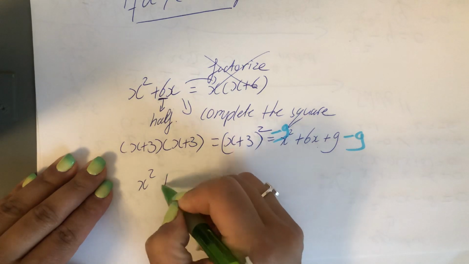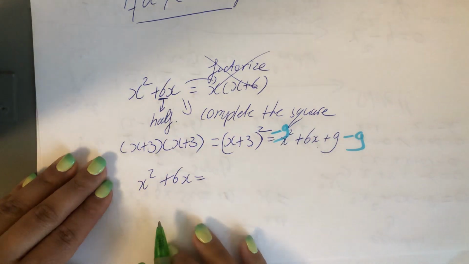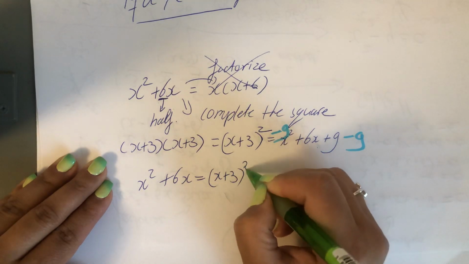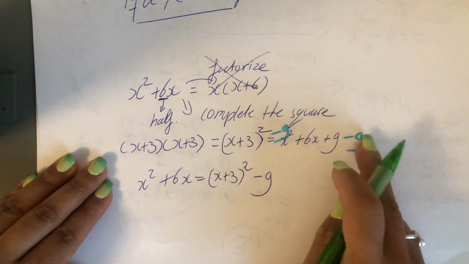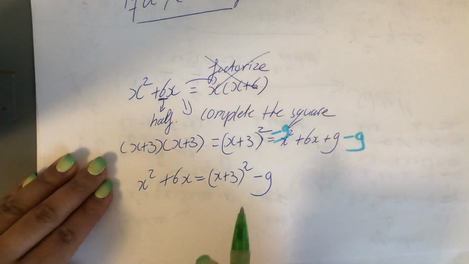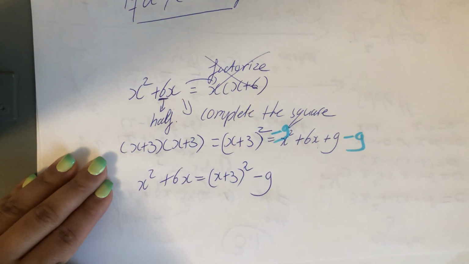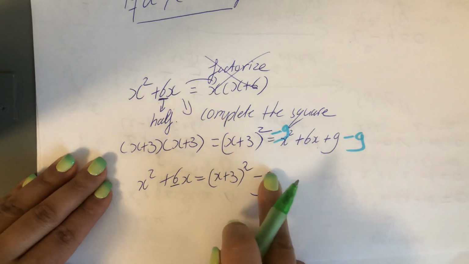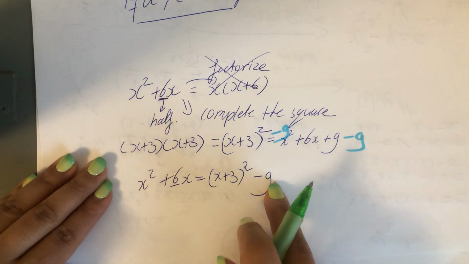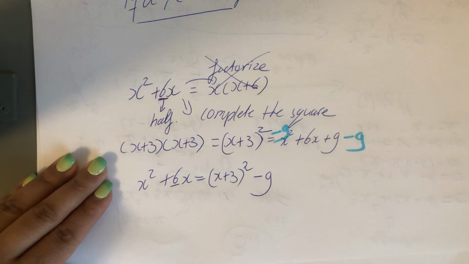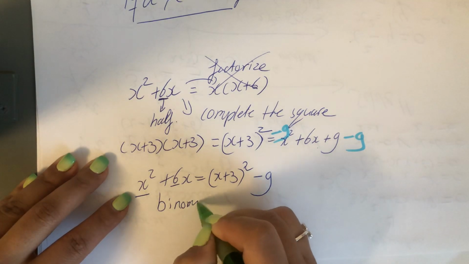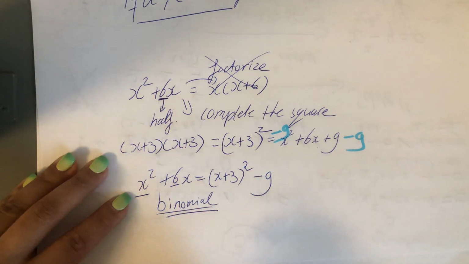So x squared plus 6x we can write as x plus 3 to the power of 2 minus this 9 that is bothering us, to get exactly the same. So you always take half of this number and then you subtract the square of it. This is for the binomial.